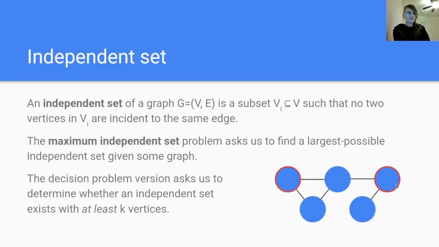So we've chosen this one and this one. They are, of course, not incident to the same edge. There's no edge between them. The maximum independent set problem asks us to find the largest possible independent set. And again, this is a maximum independent set. You cannot add another vertex here, and you can't find any independent set in this graph that has 3 vertices.